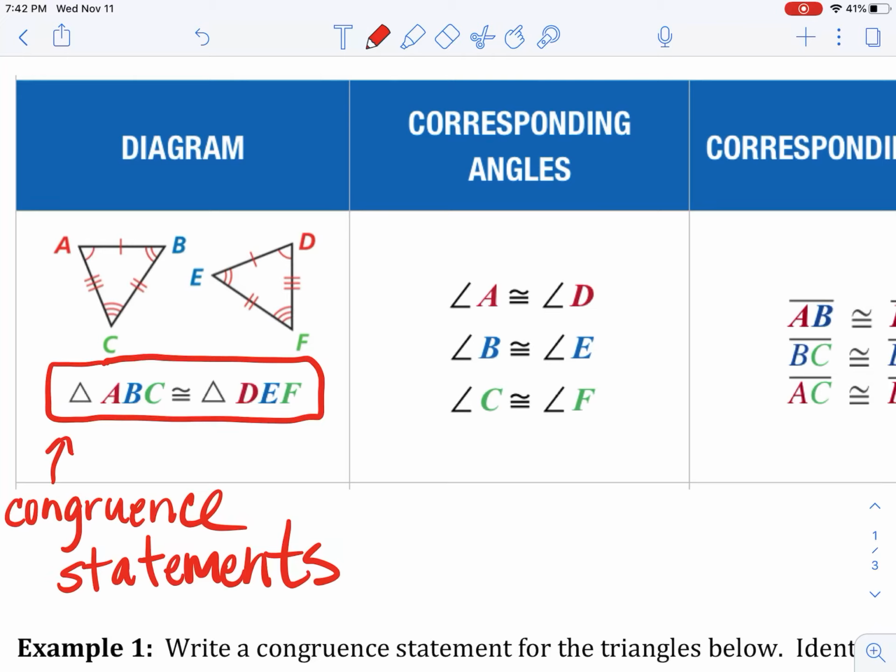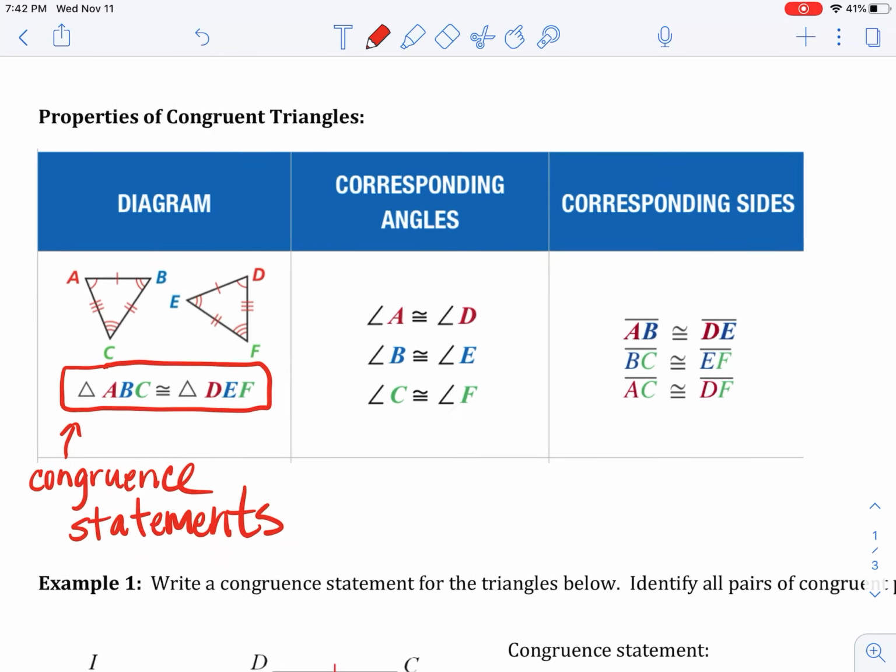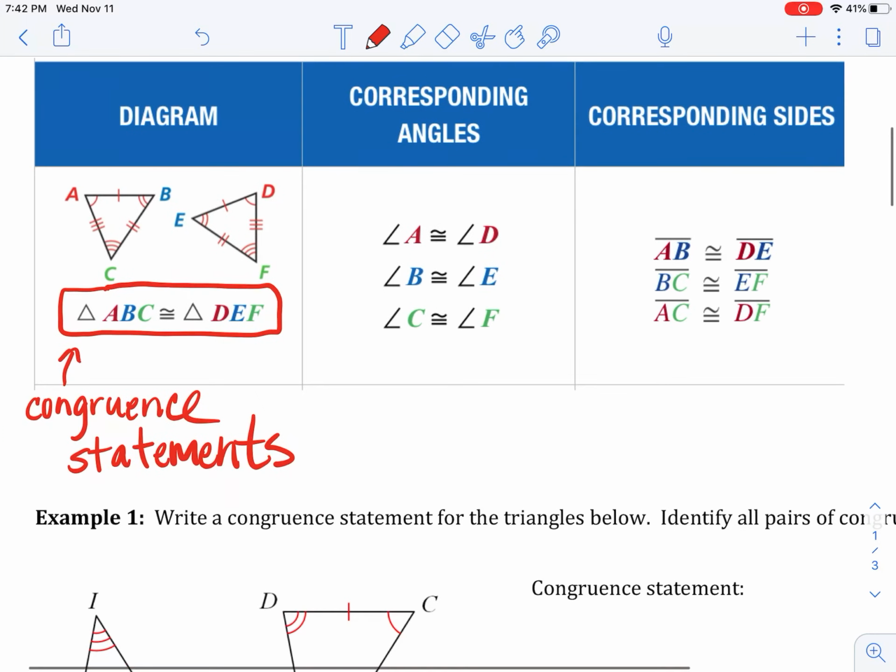And so the order they write the letters in is trying to tell you how they match up, who's congruent to who, which angle has the same measure in one triangle versus the other triangle. The same is true of the sides. The sides are also written in a certain order, right? Sides are always two letters at a time. So if we focus on the first triangle and look at side AB, I'm going to highlight that now. Side AB, the letters A and B were written in the first two positions.